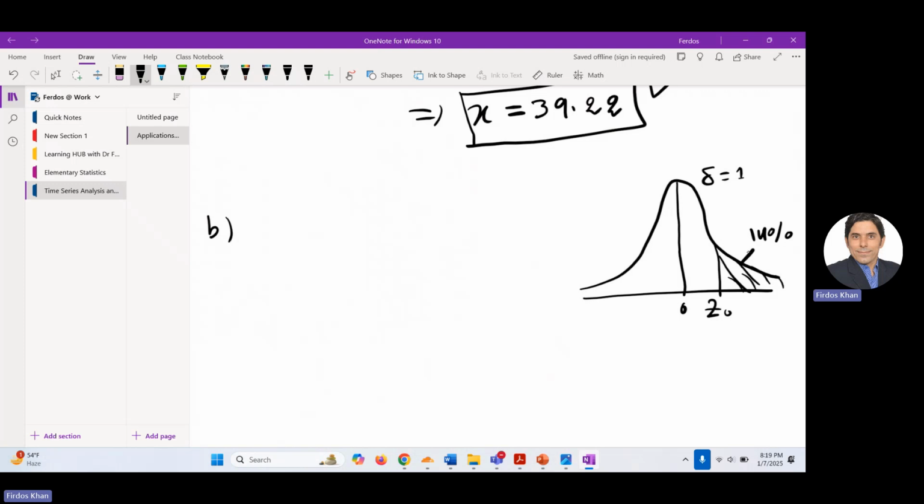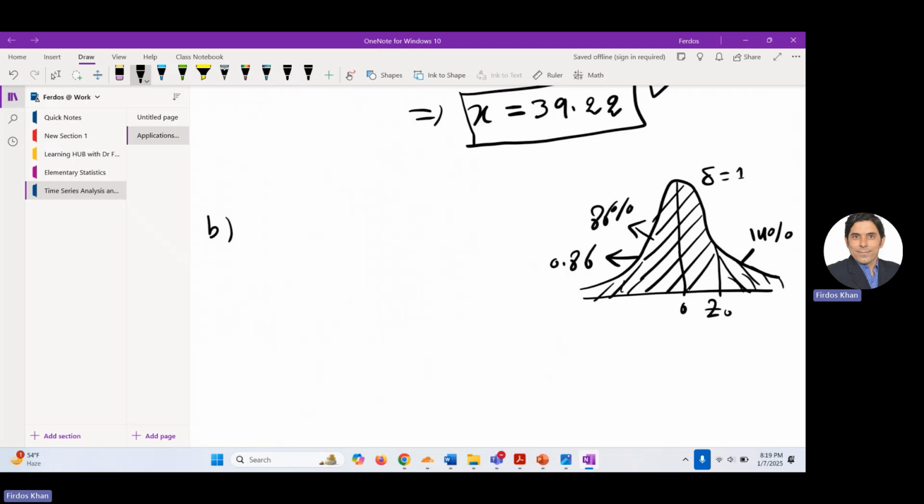So 14% is here, and how much is here? This is 86%, or in probabilistic terms, 0.86 probability.